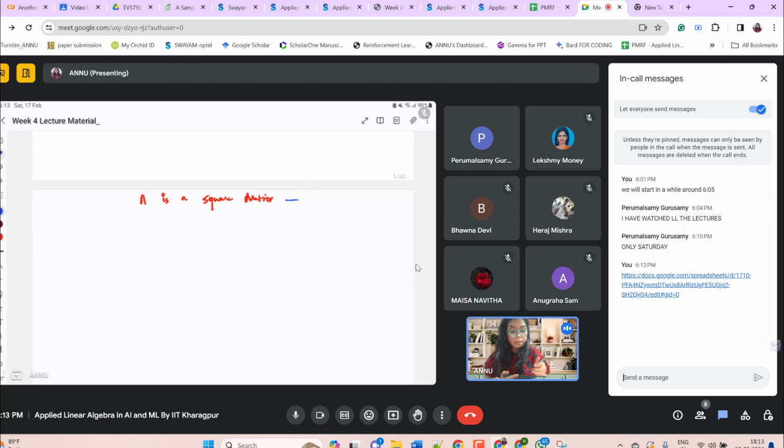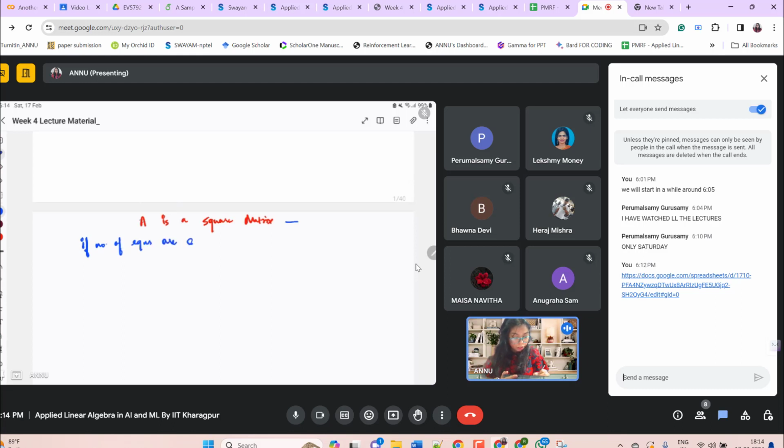So if the number of equations is equal to the number of unknowns, we can represent it as a square matrix, because let's say equations are m and unknowns are n. So the matrix will be m cross m, and here n is equal to m.